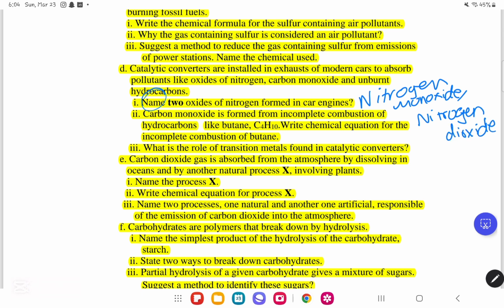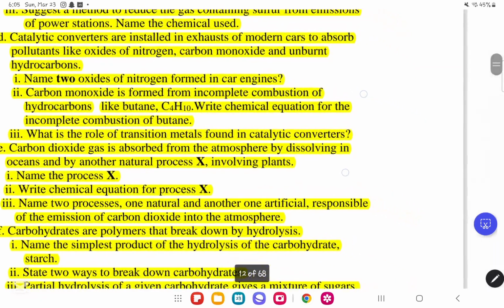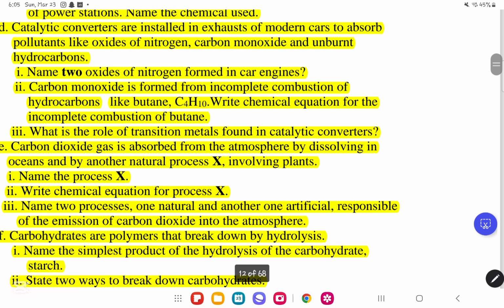Okay, in part 2 they said carbon monoxide is formed from incomplete combustion of hydrocarbons like butane, C4H10. Write the chemical equation for the incomplete combustion of butane. Always, incomplete combustion means that the product is carbon monoxide. So let me try to zoom in to write it. So the incomplete combustion of butane, first of all, butane we know it's C4H10.